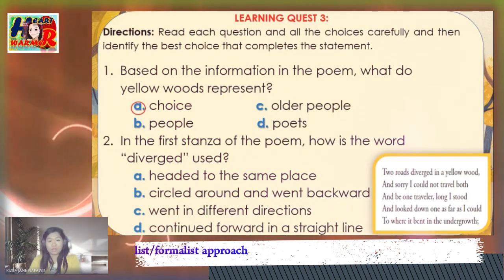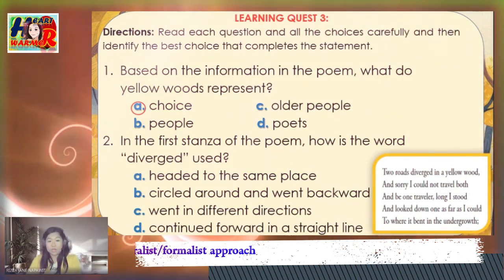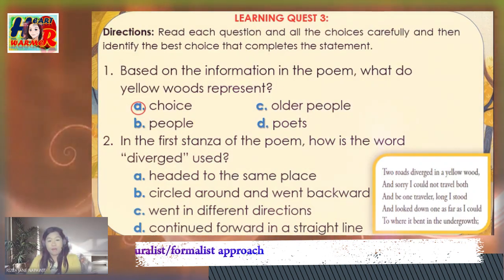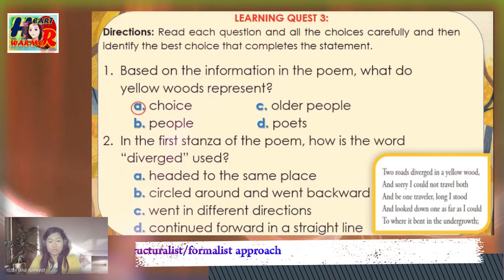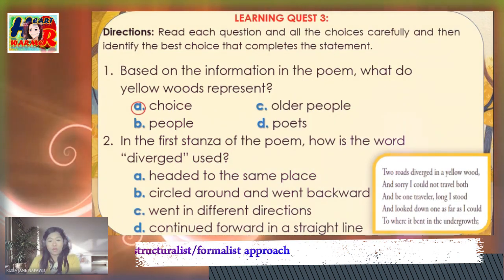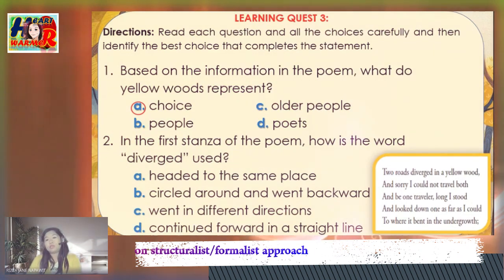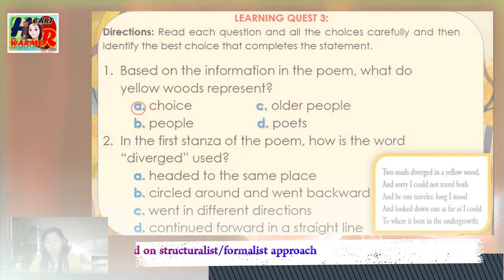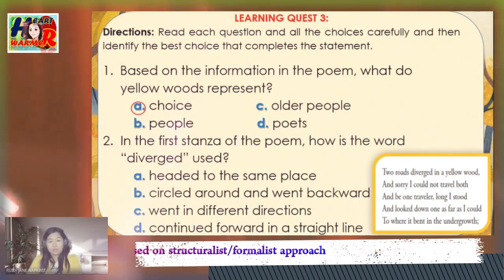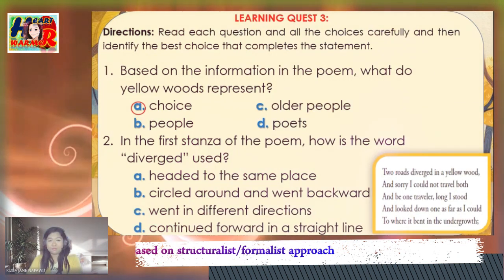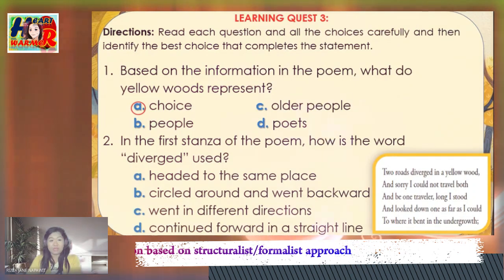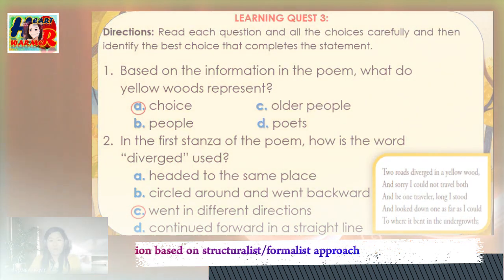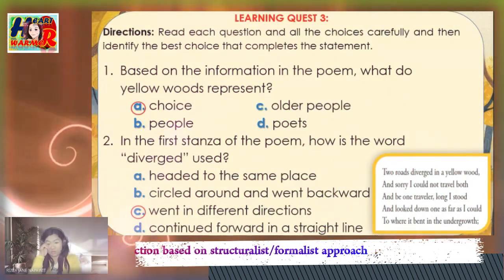Is it A, headed to the same place, B, circled around and went backward, C, went in different directions, or D, continued forward in a straight line? Because there is a mention of two roads, you're correct if you answered in your head letter C, went in different directions.